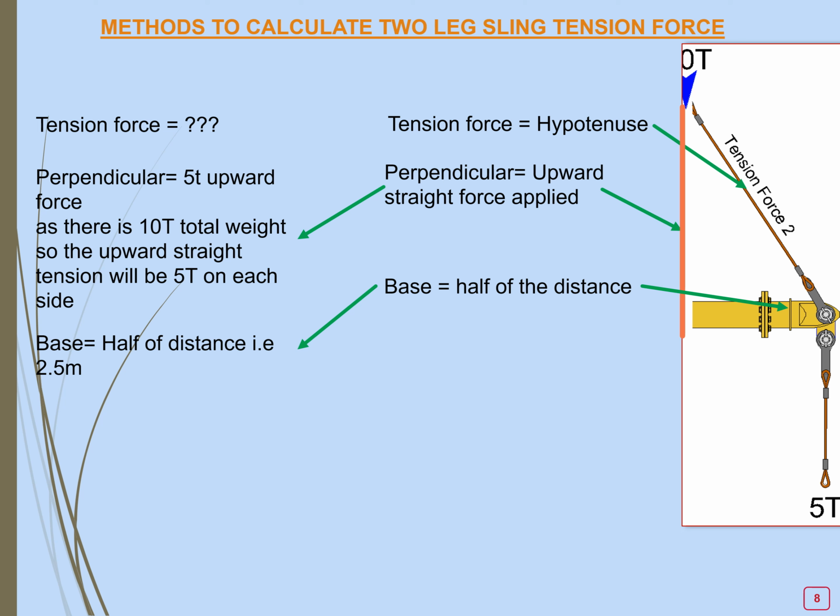The tension force we need to find. The perpendicular is the 5-ton upward force, as the 10 ton is the total weight, so the upward tension will be 5 ton on each side. The base is half of the distance: we are using a 5 meter spreader bar, and if we split it into two, it becomes 2.5 meter.